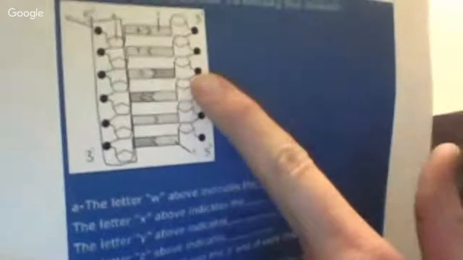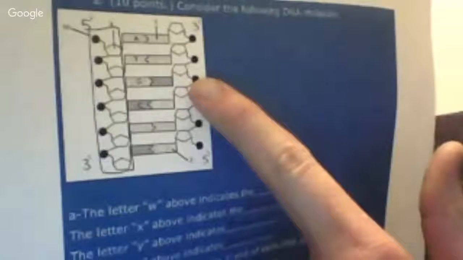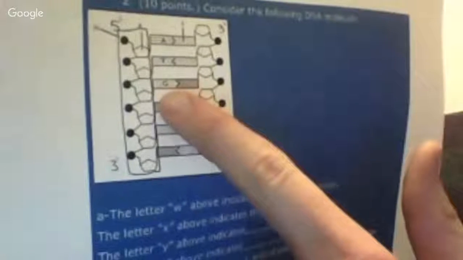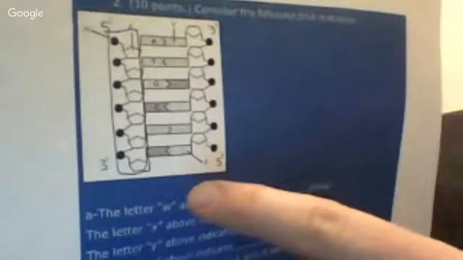Same question for Z. It's asking us what this one is, and then looking at this little pattern, it's got like an arrow instead of a block, and the arrow up here represents a G and a C, the G being the purine, the C being pyrimidine.